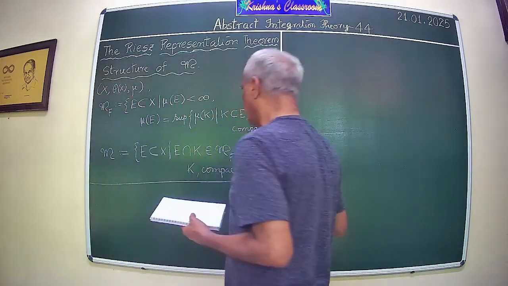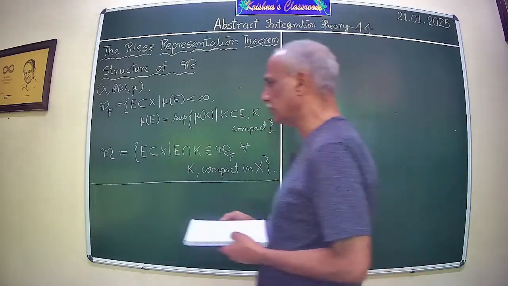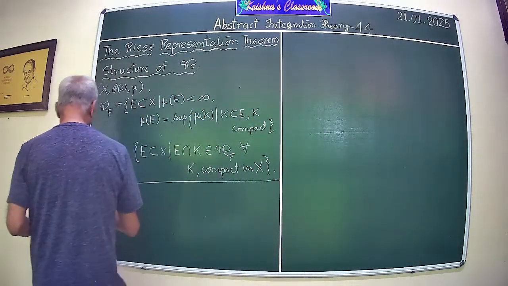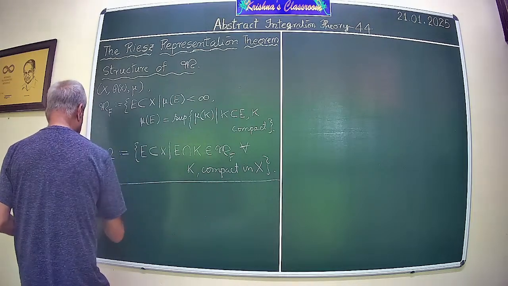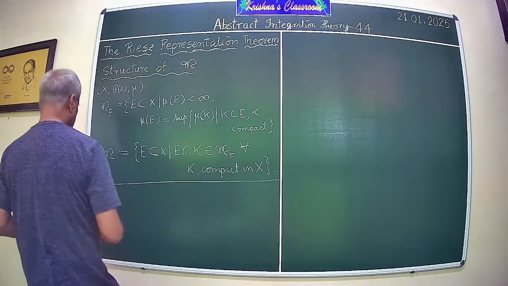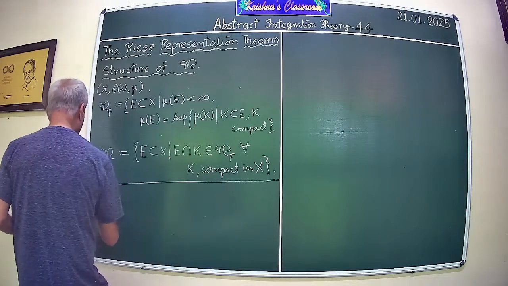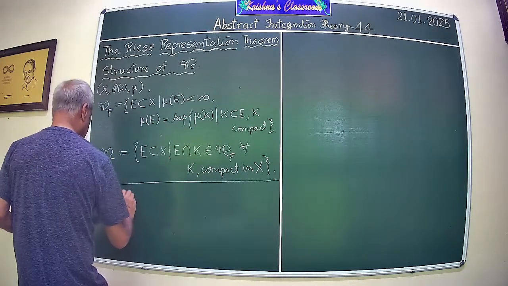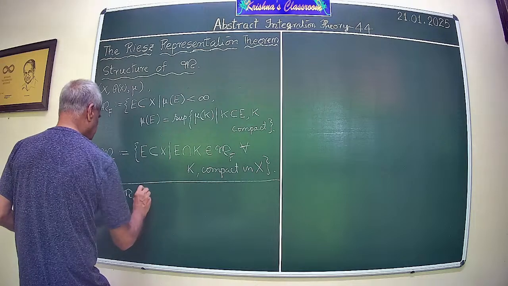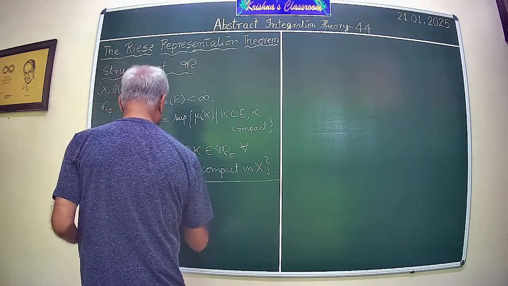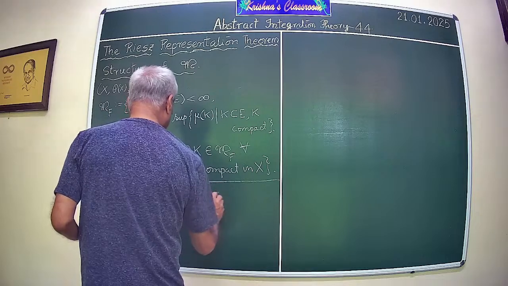What we have already shown is that mu on MF is countably additive.